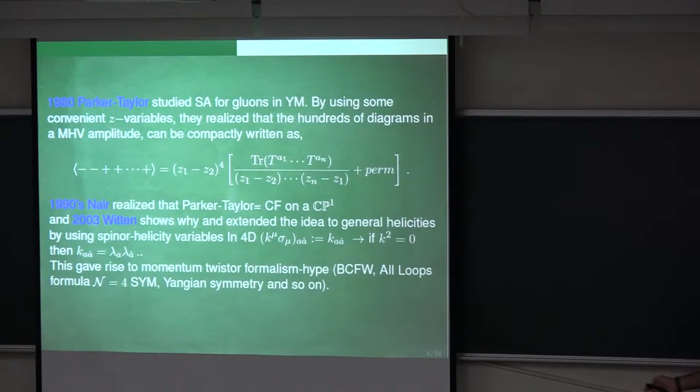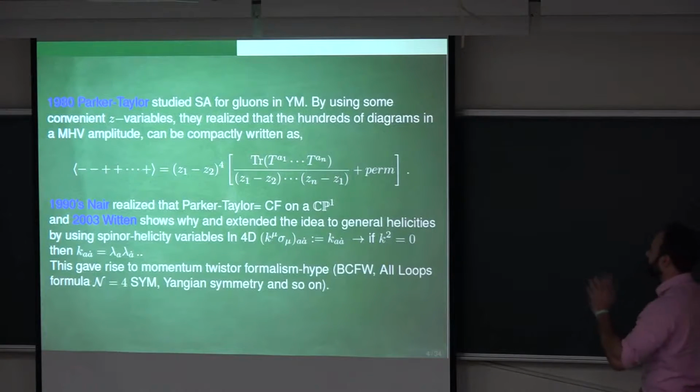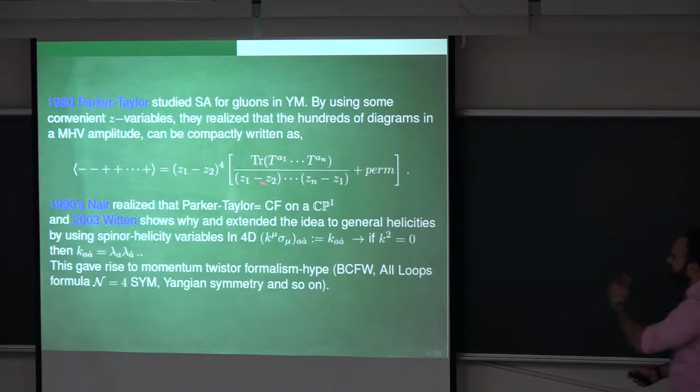So it turns out that by summing and studying all these Feynman diagrams, they managed to write all of them in a single line, in a very compact way, by using something that before was called magic variables. This is a particular parametrization of the momenta that allows one to see this very clearly.